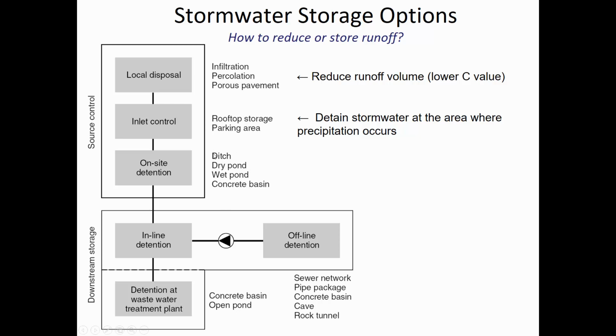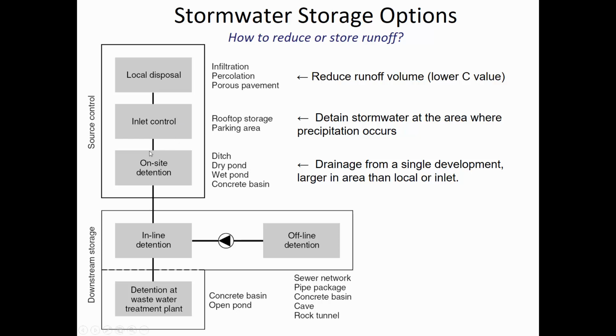And so these engineered structures, just like a ditch or a pond, whether it's an extended detention pond or constructed wetlands. These are just things where you have a relatively small contributing upstream area. The distinguishing factor between source control and downstream storage is usually how much time it's spent in a pipe to get to where it's being stored.